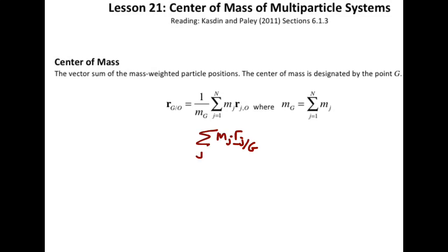Because if we sum up all these particles, we'll just back this up, 1 over m_G, then you should see here that instead of O, this is going to be G. So r_G with respect to G is equal to 0.